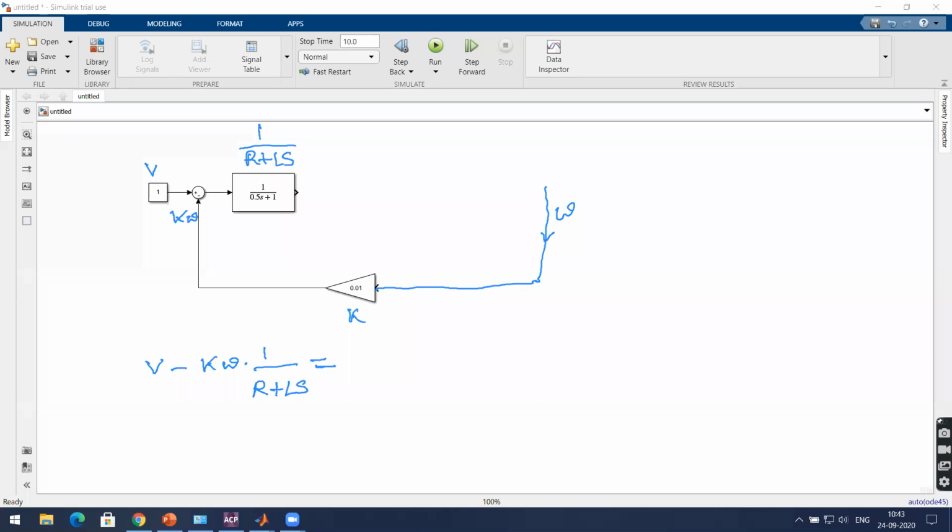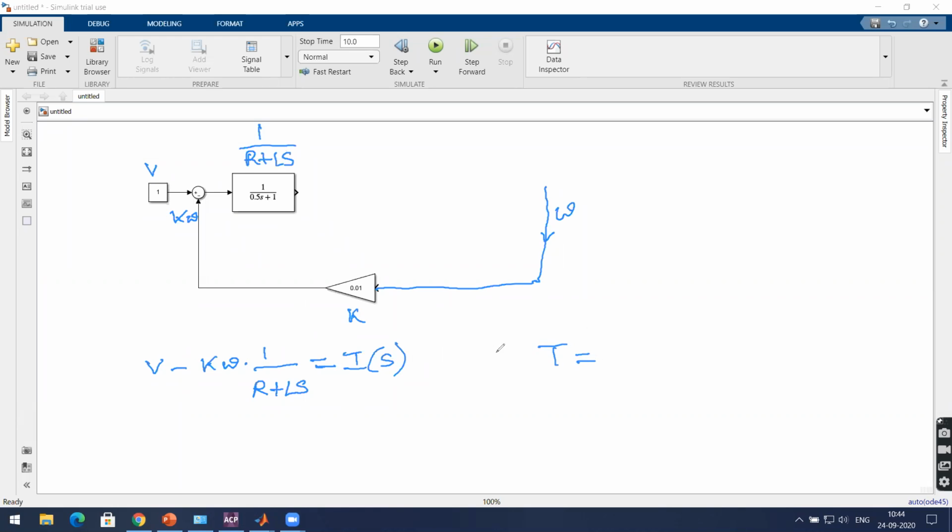I of S. That is equal to I of S. Okay. So if you have this voltage as the input minus K times omega multiplied by this 1 divided by R plus Ls, we get the current. Okay. We get current. Now, how do you get torque?